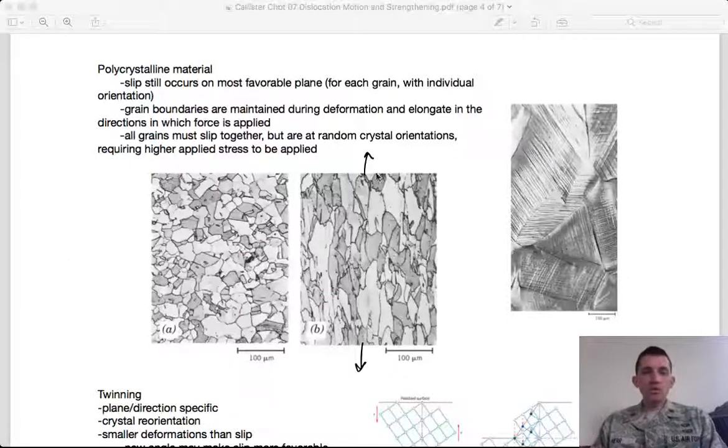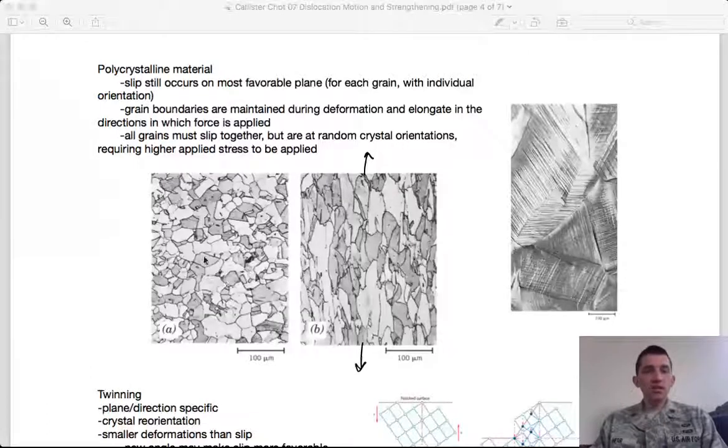However, you are going to be applying force in one direction only. And each of these grains is going to be oriented randomly with respect to the direction of the applied force. And so slip will only be favorable or most favorable for a small portion of these crystal grains.